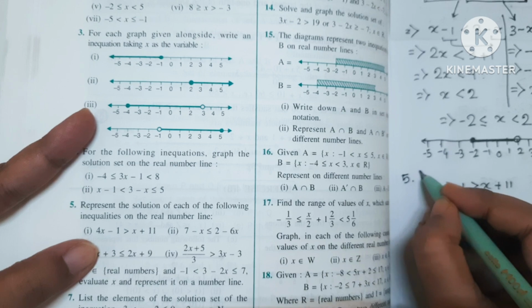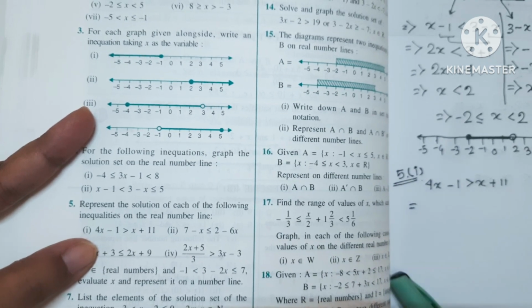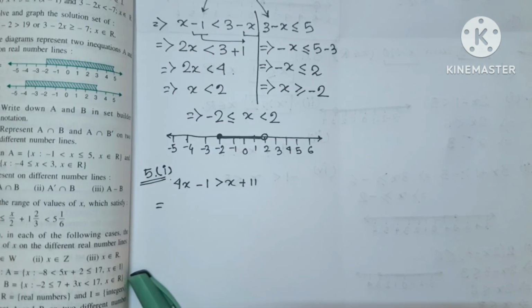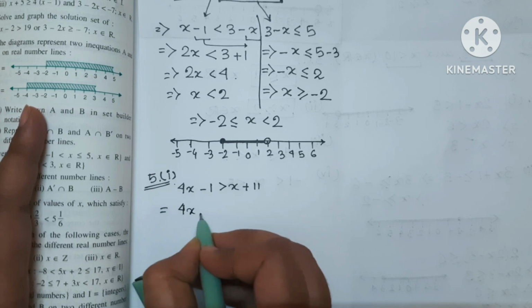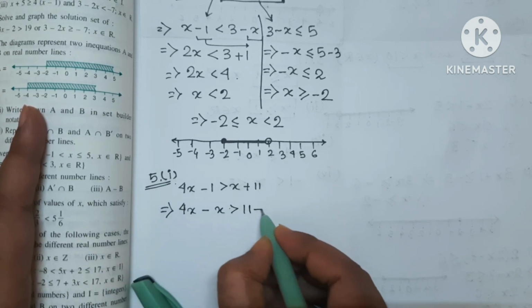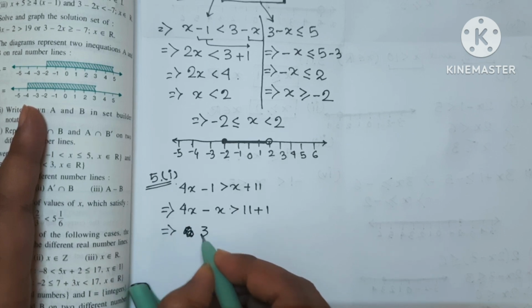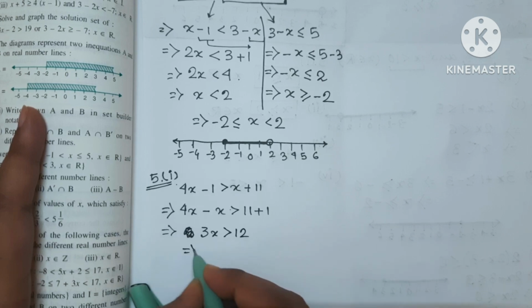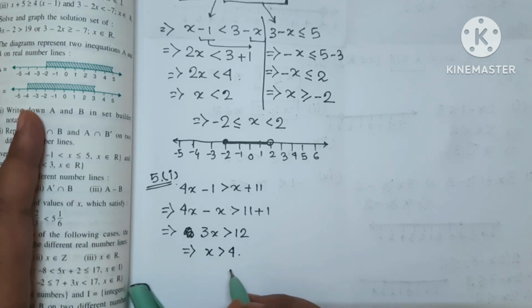So if you simplify it, 4x minus x that is greater than 11 plus 1, so 3x that is greater than 12, so x greater than 4. Okay, so x greater than 4, that is the inequality.